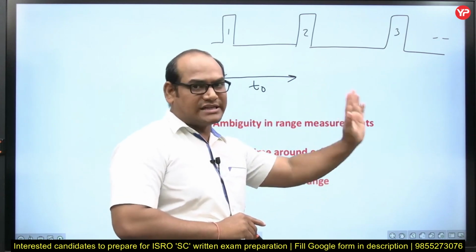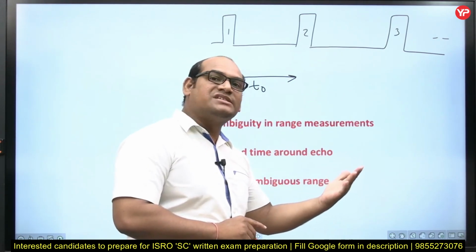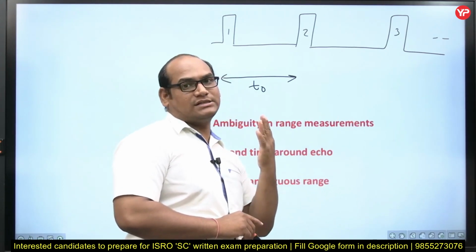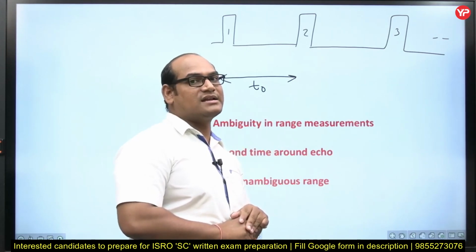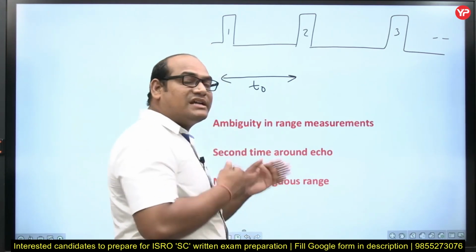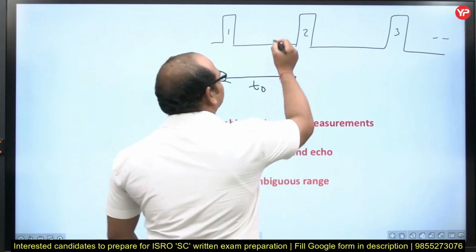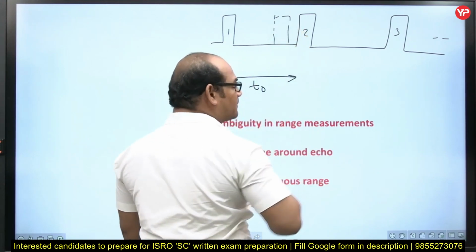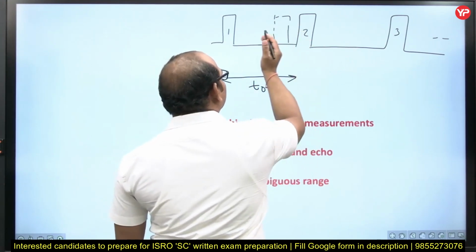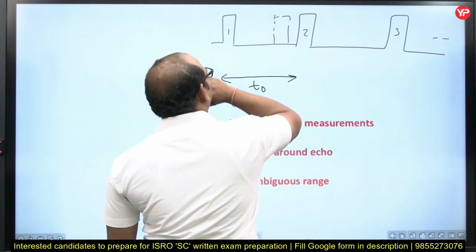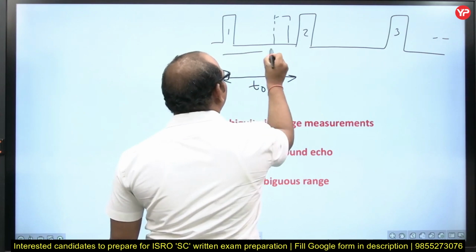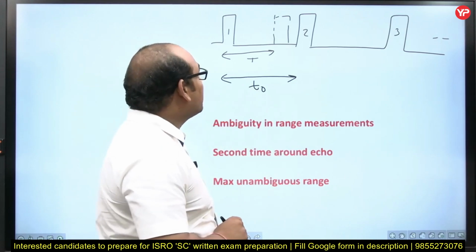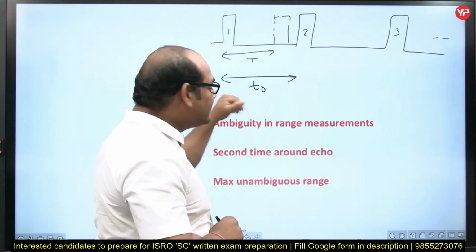It reaches the target, and because the target has the nature of reflection, the pulse will be reflected back and received again by the radar receiving antenna. With respect to time, suppose this reflected pulse reaches the radar after capital T seconds. Here we can give the relation between capital T and T naught.